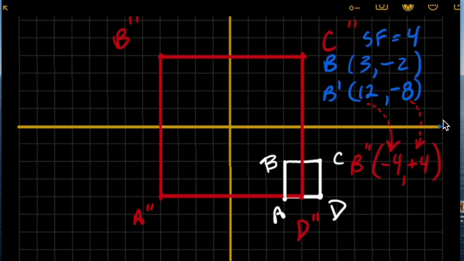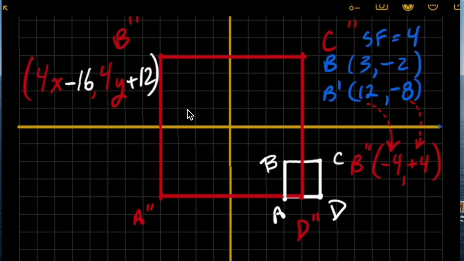We've already multiplied by 4, so far our transformation looks like this: 4 times x and 4 times y. If we look at how we got from positive 12 to negative 4, we clearly subtracted 16. And from negative 8 to positive 4, we added 12. So we believe that this is our transformation.